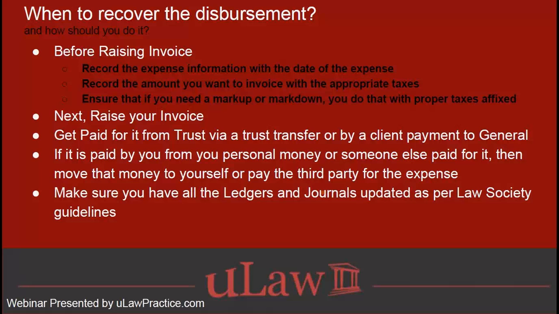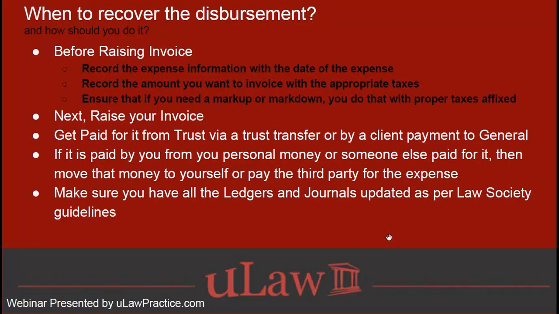Okay? And the reason you want to bifurcate or divide this and ensure that all these transactions are logged is that behind the scenes, all this matters because these are the particulars and the information that are going to translate into ledgers and journals. And we're going to have a look at that during the later part of this presentation.